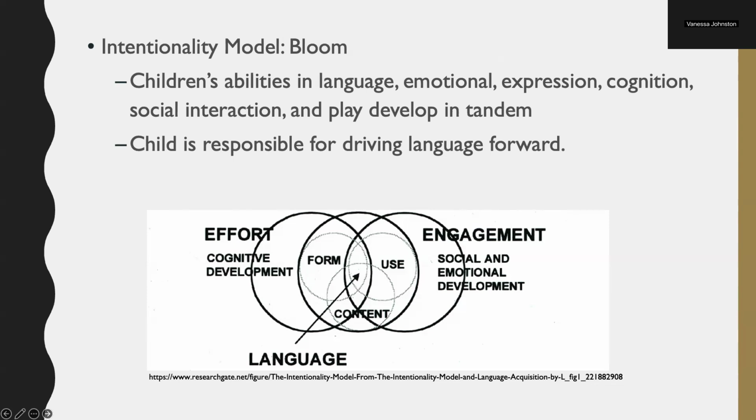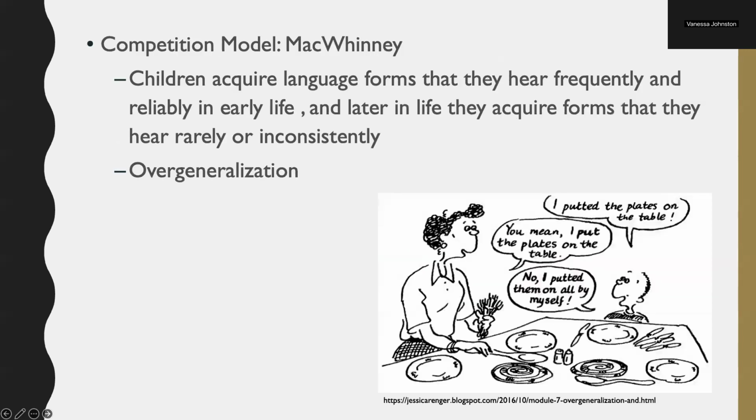And so they must express themselves to share this information because they realize the other person isn't thinking what they're thinking. So if they want a glass of milk, they have to tell mom, I want a glass of milk, because they realize what is in their mind differs from what's in mom's mind. So essentially, in order to acquire language, they must be intentional and engage in social interactions.